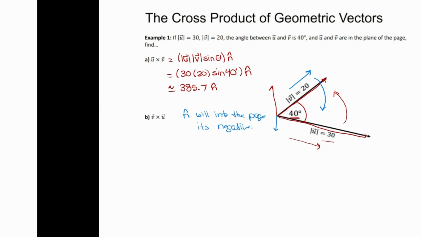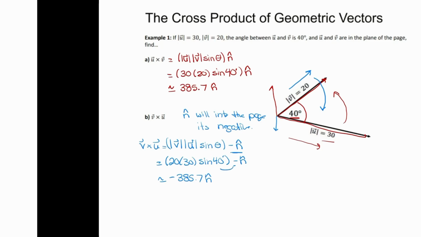So we have V crossed with U is going to be equal to, this time, the magnitude of vector V times the magnitude of vector U, which we know is exactly the same, times sine of my angle. And this time I have a negative direction. So we can fill all these in. We have 20 times 30, sine of 40 degrees, and our negative n. And we get negative 385.7 n.